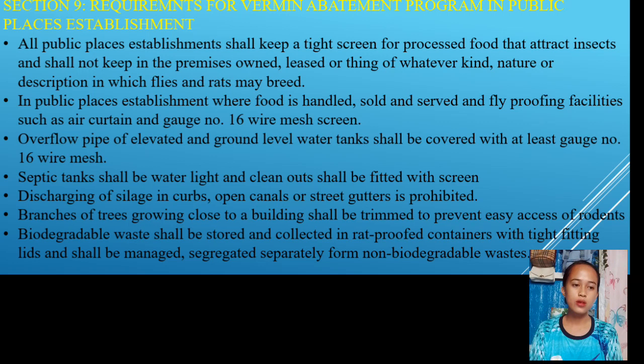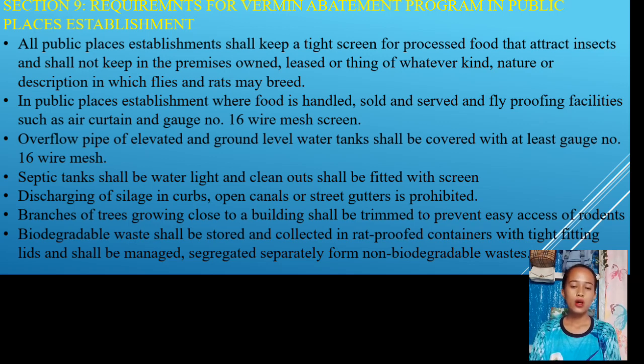Branches of trees growing close to a building shall be trimmed to prevent easy access of rodents. Biodegradable waste shall be stored and collected in rat-proofed containers with tight fitting lid and shall be segregated separately from non-biodegradable waste.